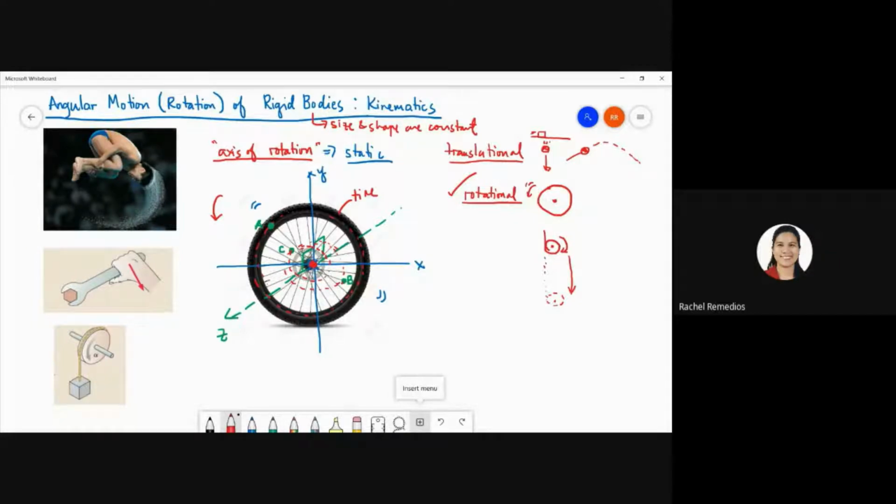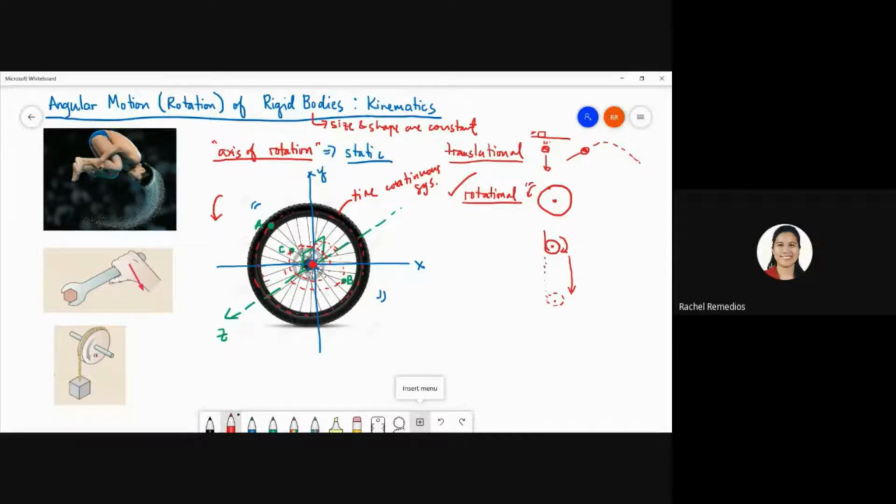Meron siyang countless n particles kasi extended object yan. So it's a continuous system. Okay? Pero nag-identify lang tayo ng tatlo para hindi tayo mahirapan sa discussion natin. So, itong concentric circles na ito, dito yung centers nila lahat.